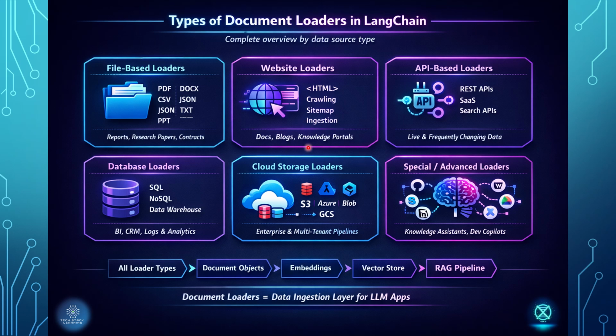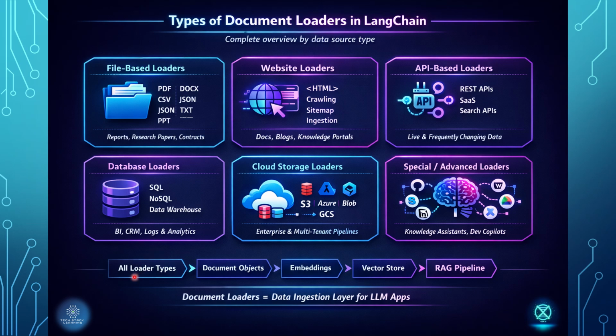And then we have the cloud storage loaders, which are basically used to access cloud services like S3, Azure Blob or Google Cloud Storage, used in enterprise pipelines. And finally we have the special or advanced loaders for things like emails, Notion, GitHub repos or Google Drive, which are majorly helpful for knowledge assistants, developer copilots, or enterprise search.